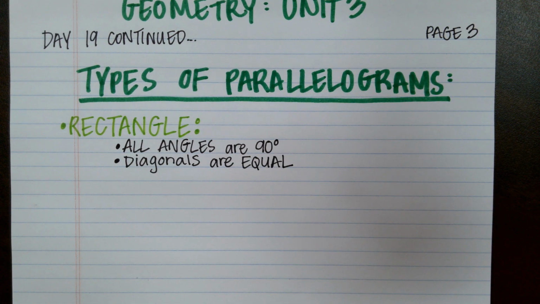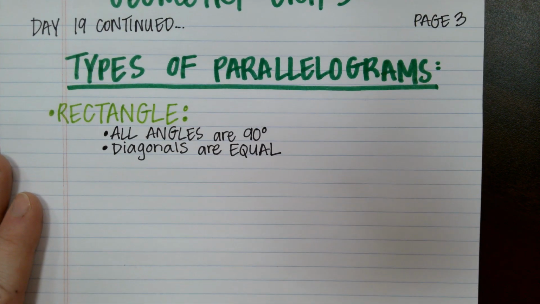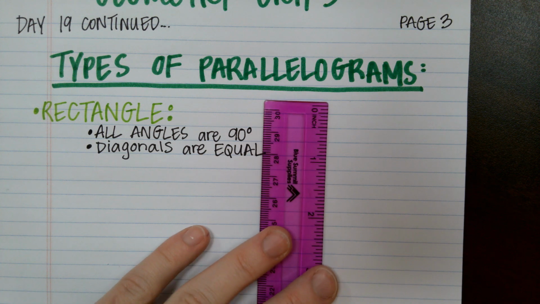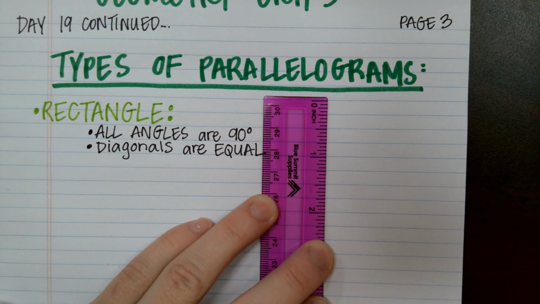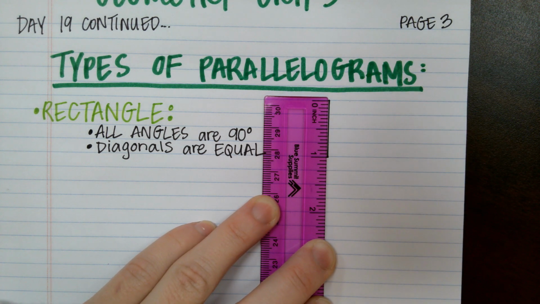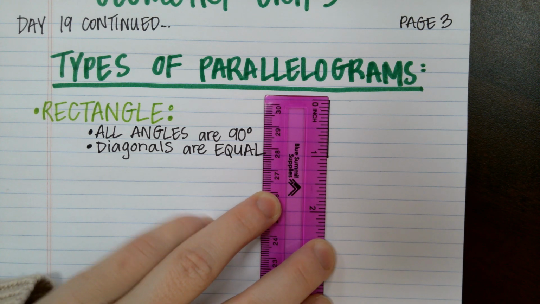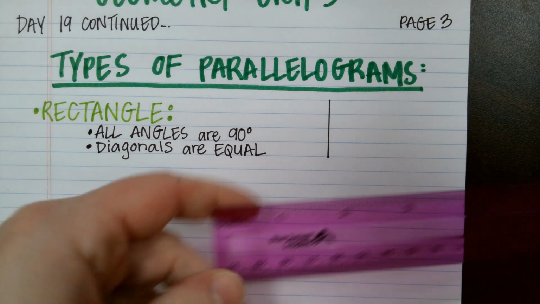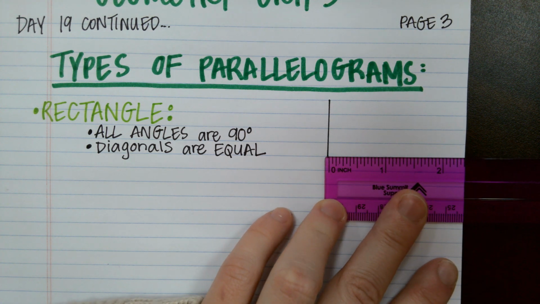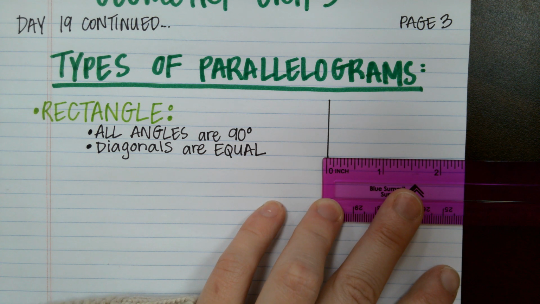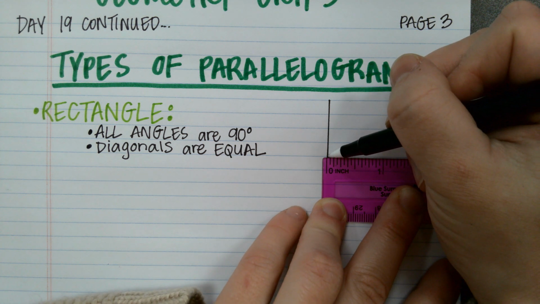And draw a picture of a rectangle. So for my rectangle, I'm going to make the first side 1 inch. Then I'm gonna make my longer sides 2 inches. I need to make all my angles about 90 degrees, or as close to a perfect 90 as possible.